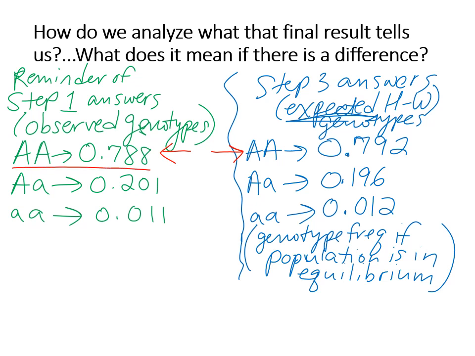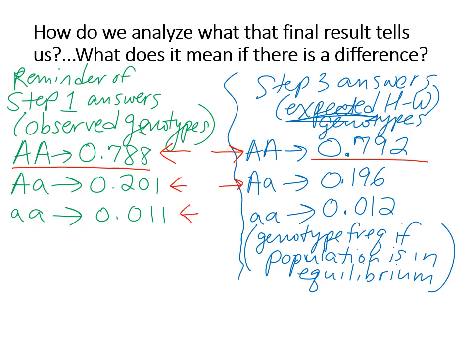If it's in equilibrium, it should have 0.792 or 79.2% of the population as homozygous dominant. Well, those numbers are fairly close. Then we look at the second one, 0.2 versus 0.196, which when you round it is 0.2. So the expected and the observed there are fairly close.